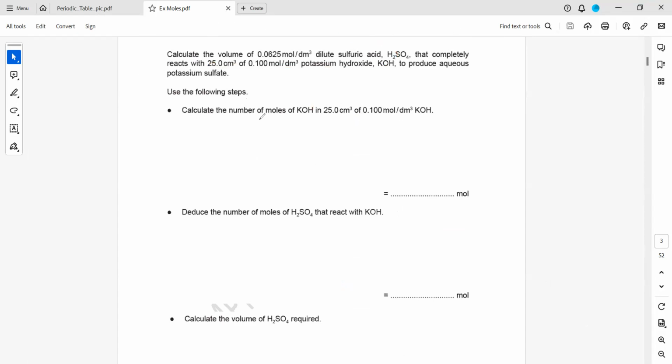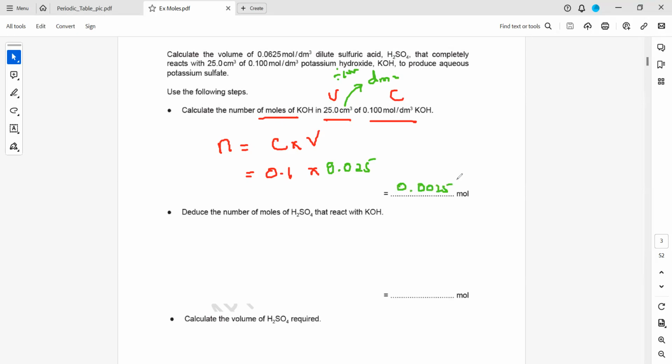The first one: calculate the moles of KOH. You have the volume and the concentration, so moles is concentration times volume. The concentration is 0.1, and the volume is 25 cm cube. The volume must be in dm cube, so we divide by 1000. 25 divided by 1000 gives 0.025 in dm cube. When we multiply, the final answer will be 0.0025 moles.